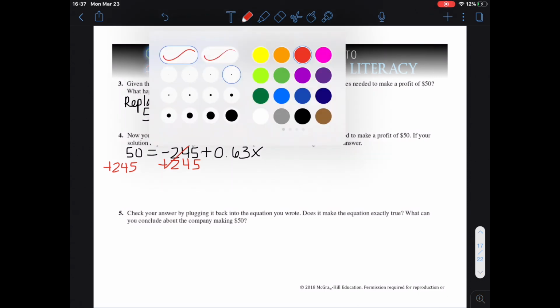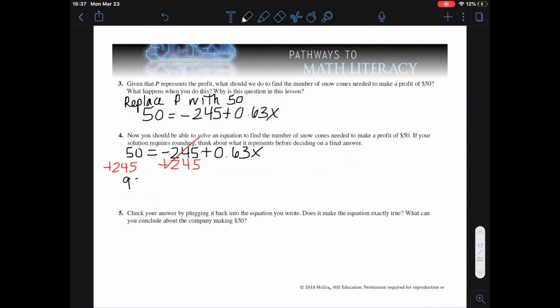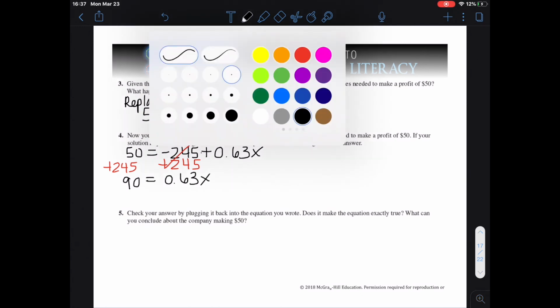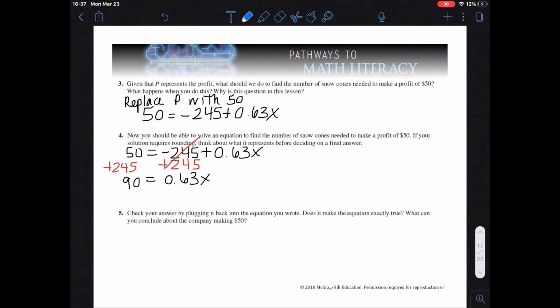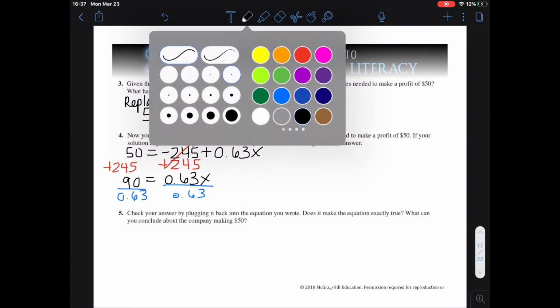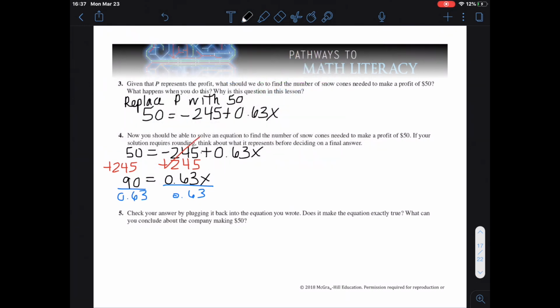And that gives us 295 is equal to 0.63x. So to get x on its own, you divide by the 0.63, which means you have to do it on the other side as well. So you're going to find out by rounding, x is around 468.3, okay?